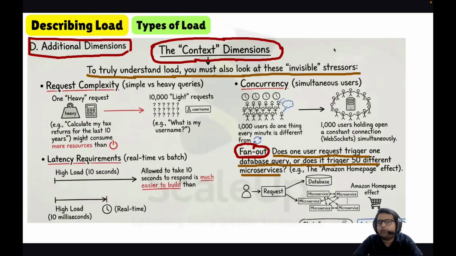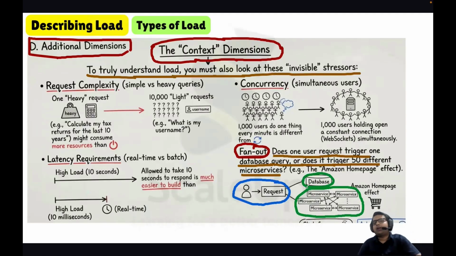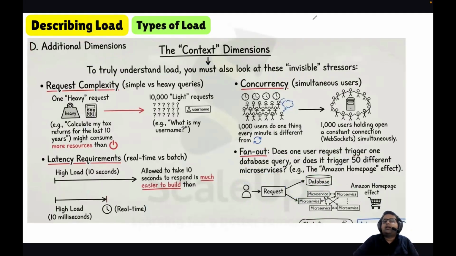It is also a way of describing the load, because here both requests are very much different. So these are some of the additional context dimensions we can use to describe the load.